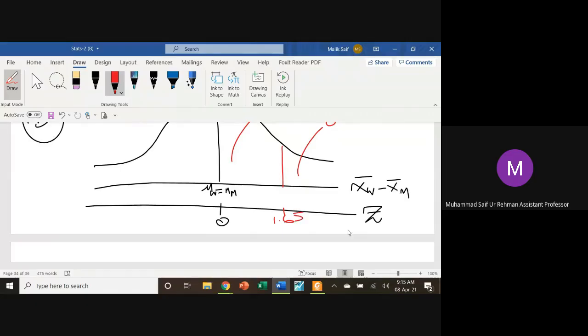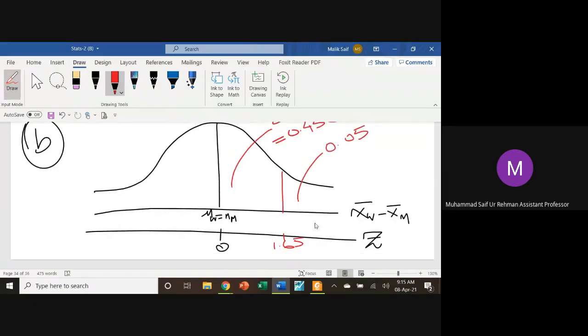So now here you will write down, if the z calculated value, the calculated value of the z statistic, will exceed the critical value or the tabulated value of the z statistic, that is 1.65, we shall reject the null hypothesis.